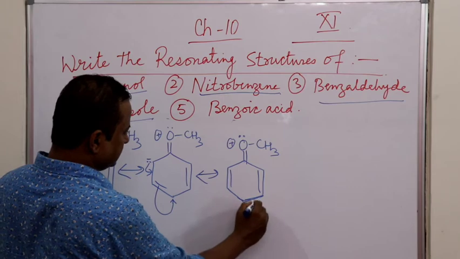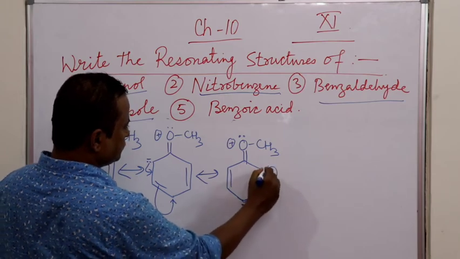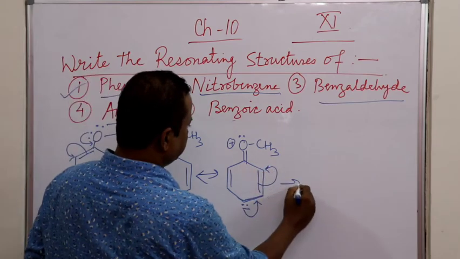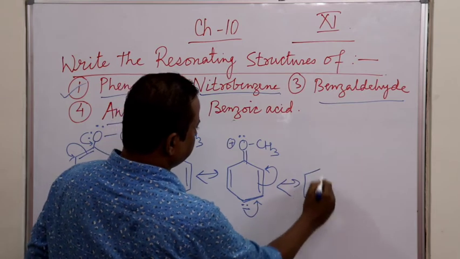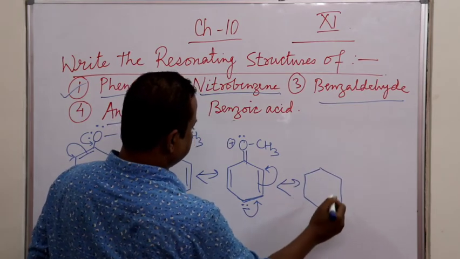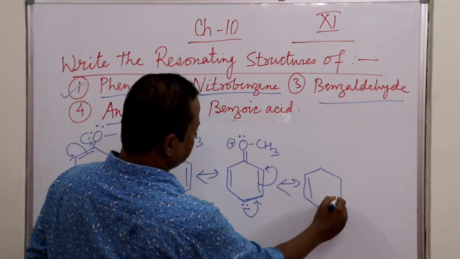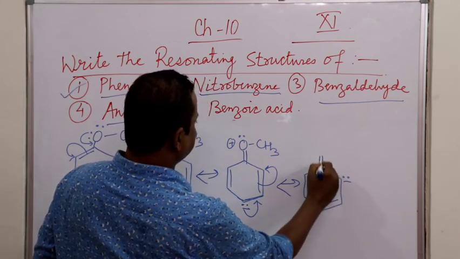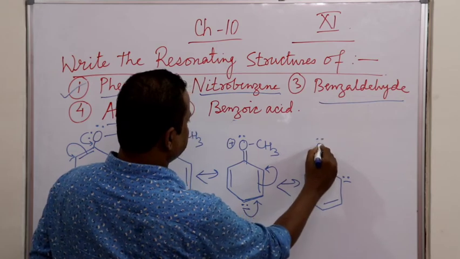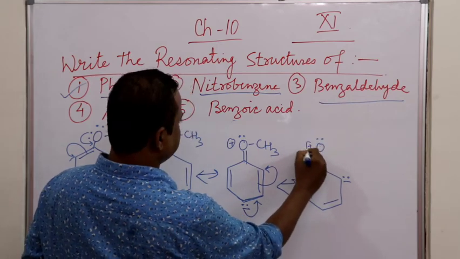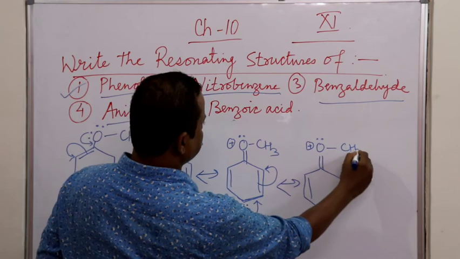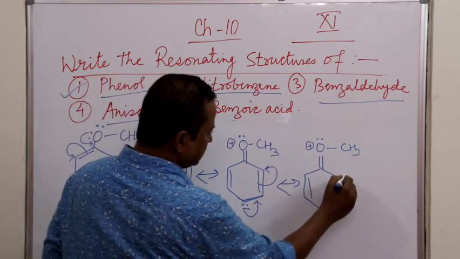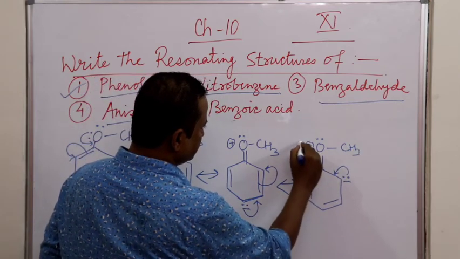This will attack at this position and it has to come here. So here one double bond, here the electron pair will come here, next plus charge CH3. So finally this will attack here and this has to go there.